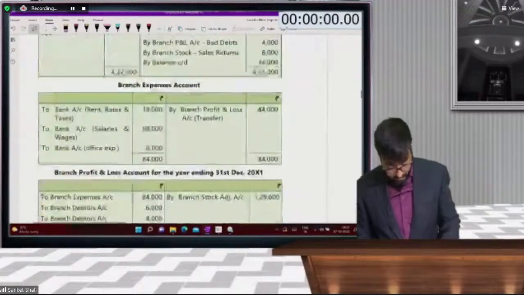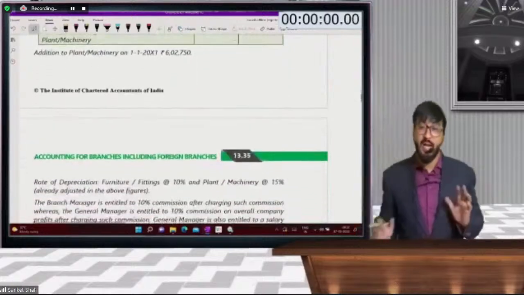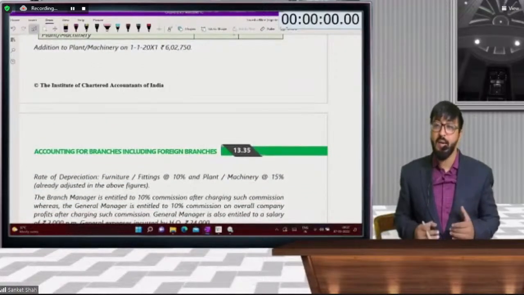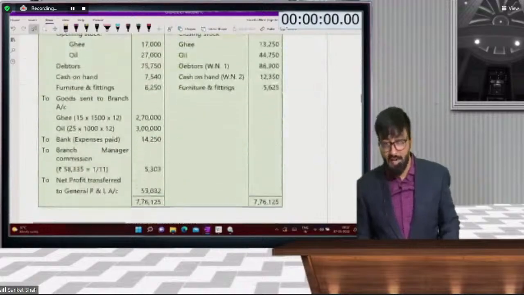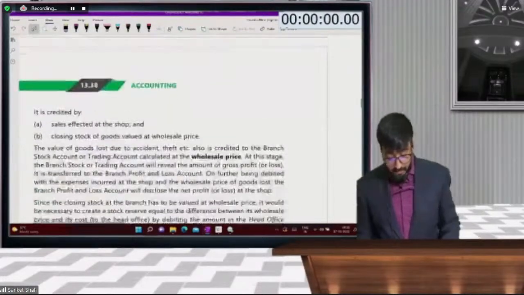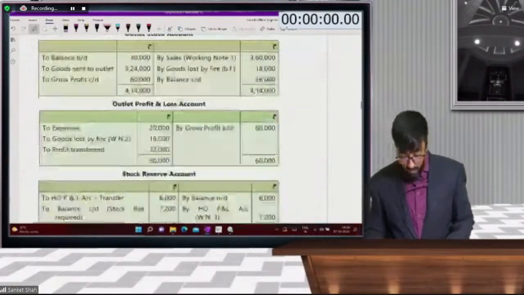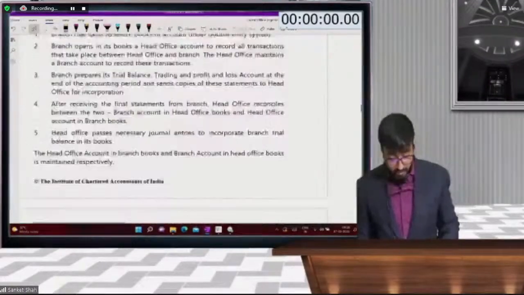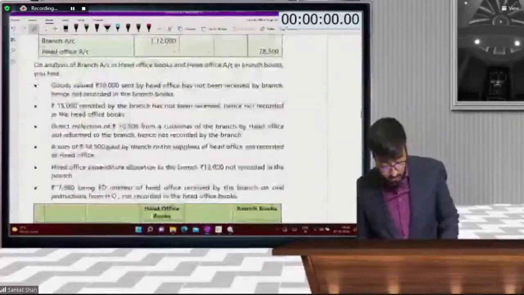Number 7, you try it because this is independent branch, but I feel every one of you should try this number 7, because it's easy if you understand the concept. Number 8 you have to solve. 8 is also your homework. Lots of homework. So your homework is till illustration number 8.